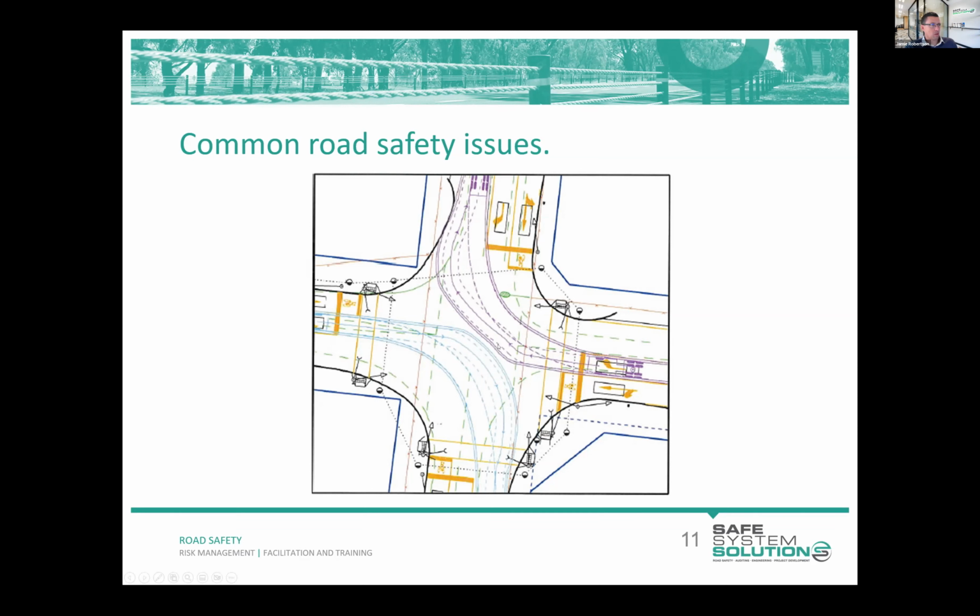But if we inspect more closely, we can see that the blue movement is made on a fairly constant radius. That doesn't look too bad. The purple one, on the other hand, does some funny things. If we follow this sort of line along the centre of the vehicle path, we've sort of got a short, sharp turn here. It straightens up and then it turns sharply again.